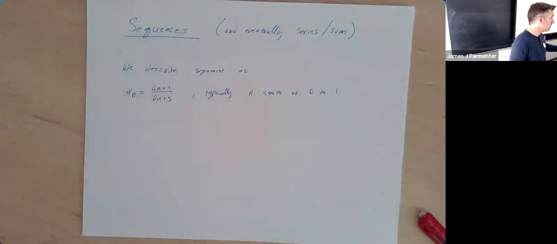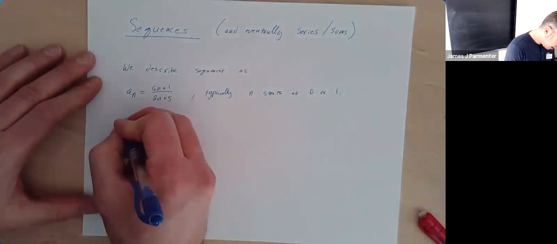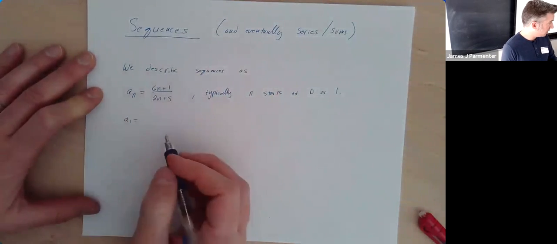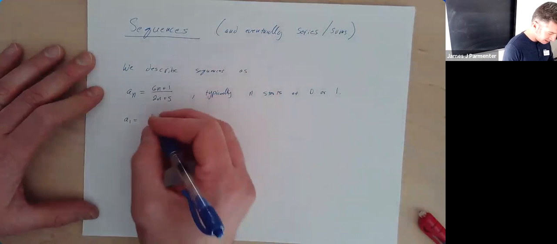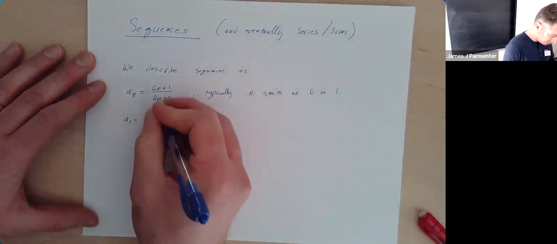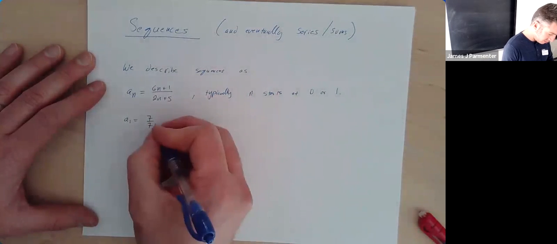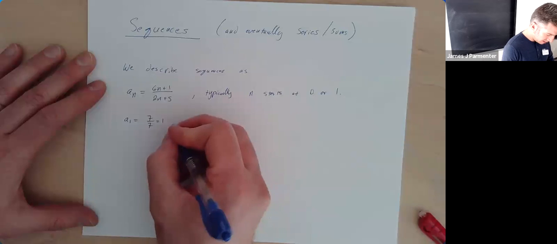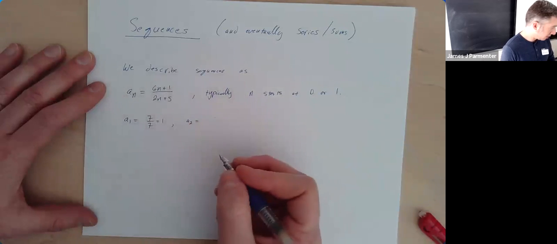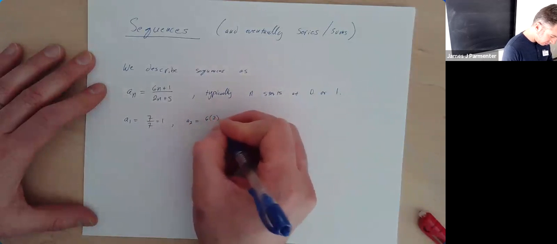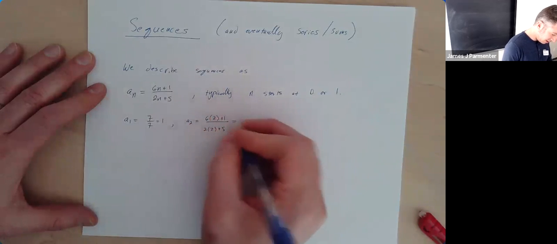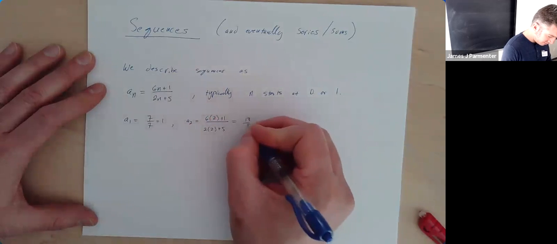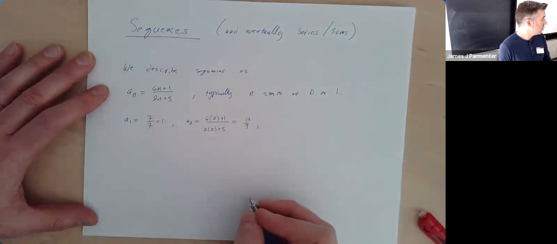So a sub 1, if I just plug in 1 for n, is going to be 6 plus 1, which is 7, over 2 plus 5, which is also 7, which is 1. And then my second term, I'm just going to plug in 2, and we get 6 times 2 plus 1 over 2 times 2 plus 5, which is going to be 13 over 9. And so on and so on, right?